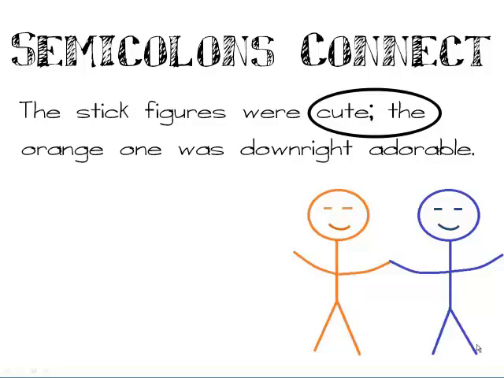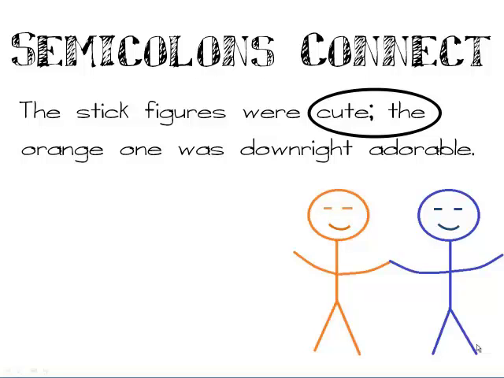Now I want to talk about some of the technical things involved with using a semicolon. And the first thing we already talked about, which is that you always lowercase the beginning of the second sentence. And this is because a semicolon is not a period, so these are not two complete sentences anymore. Once they're joined with a semicolon, this flows as one long sentence, meaning that you need to save the capitalization for the very beginning.